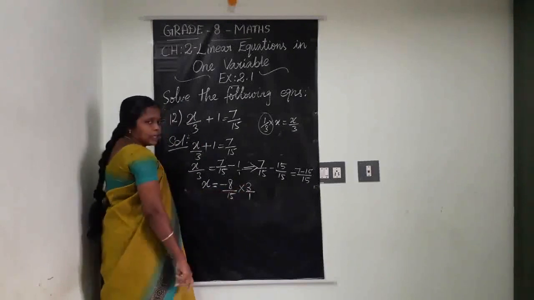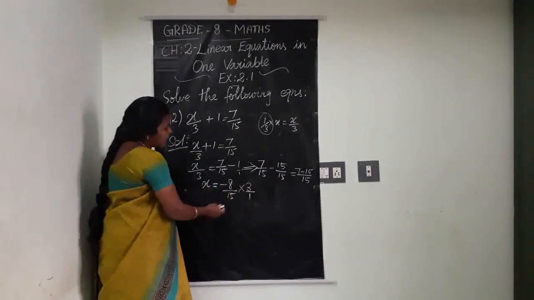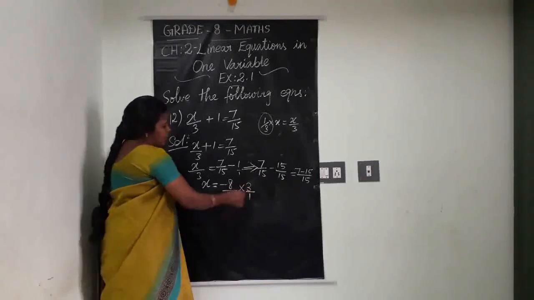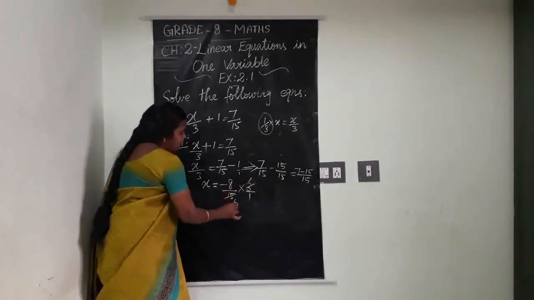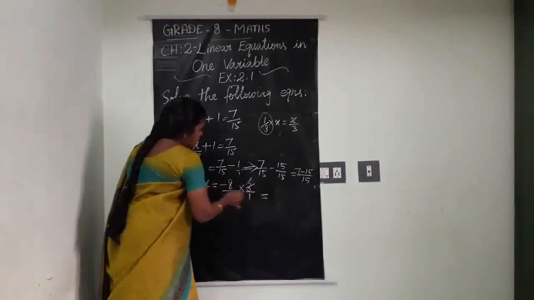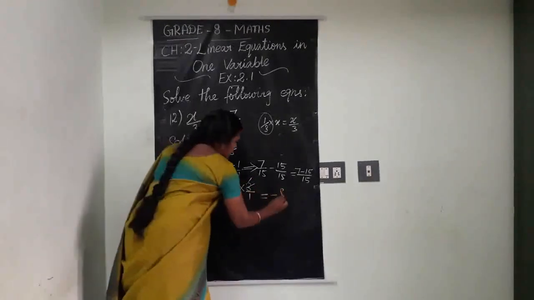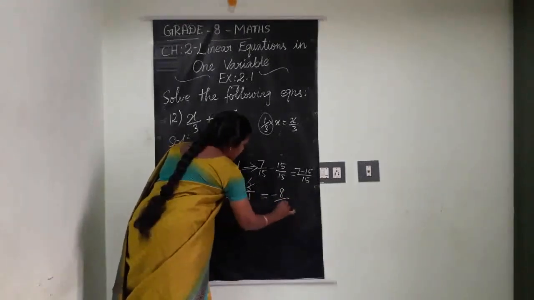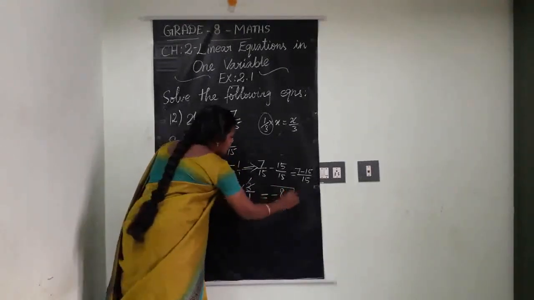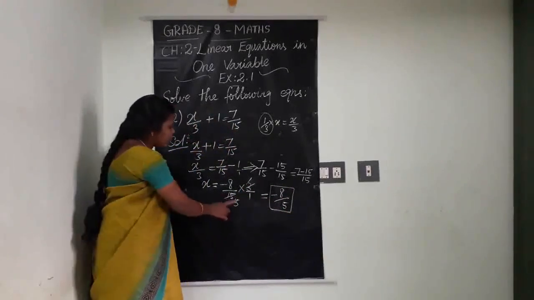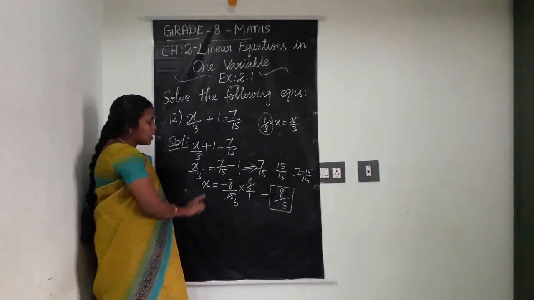On that basis you have to write. Clear? Now is any simplification possible there? Yes, both are multiples of 3. 1 3s are 3, 5 3s are 15. The answer is minus into plus, minus. 8 1s are 8, 5 by 5 into 1, 5. So the x value here is minus 8 by 5. What did I do here?